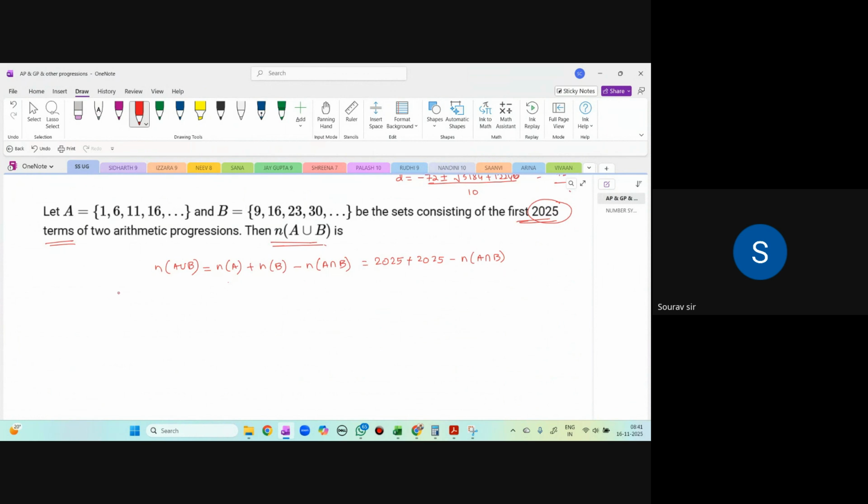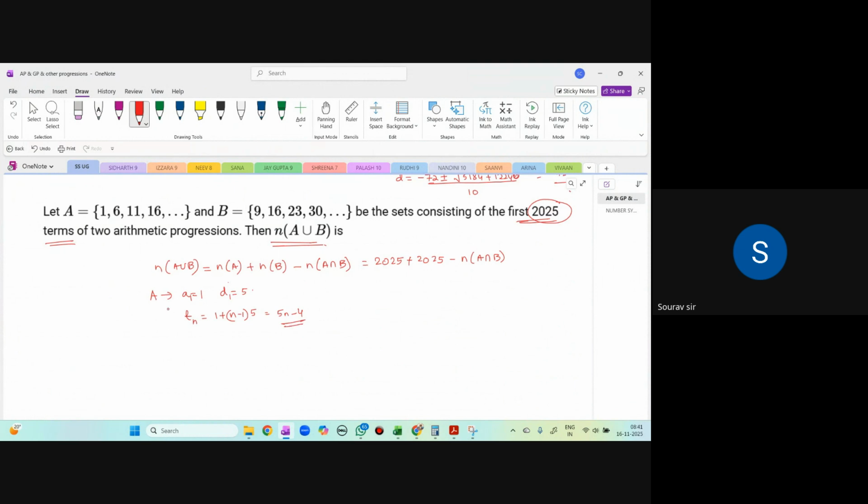So for that, let's look at the series of A. For A, the first term is 1 and the common difference is 5. So the nth term will be given by 1 plus n minus 1 into 5, which is 5n minus 4.